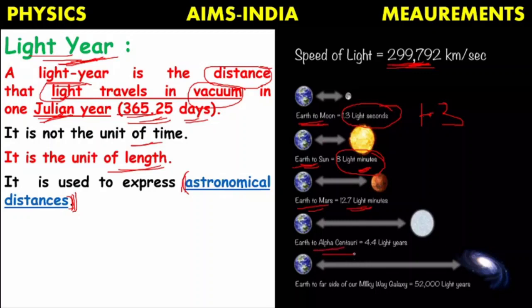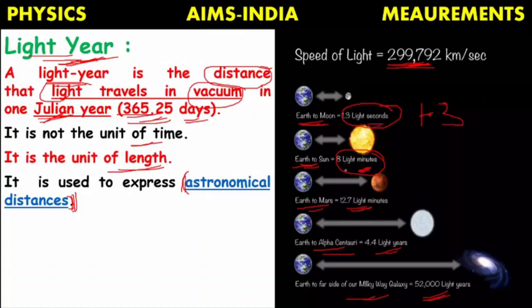Earth to Alpha Centauri, 4.4 light years. Earth to Milky Way galaxy, 52,000 light years. Like that, for measuring astronomical distances, we make use of the unit called light year.